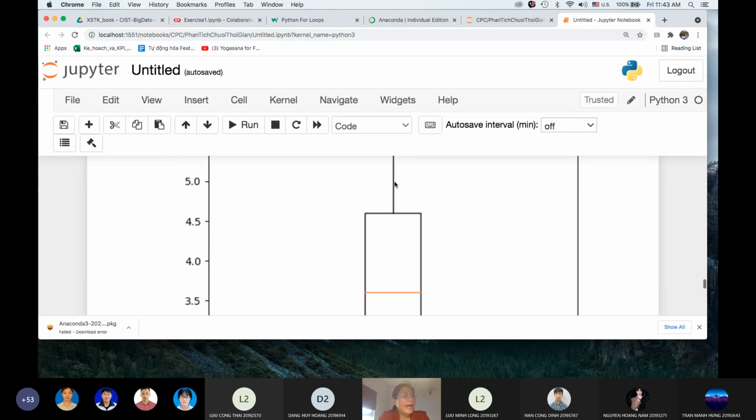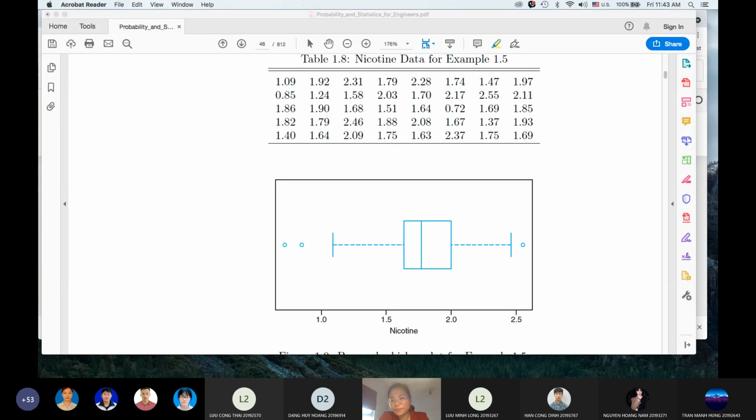Okay. And we return to the theory. Here's the minimum, the maximum, and here's the 50%, 25%, 75%, and maximum.